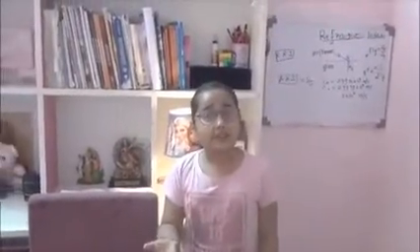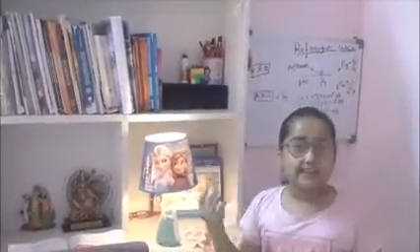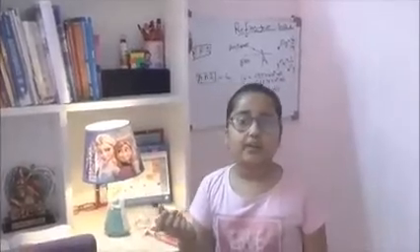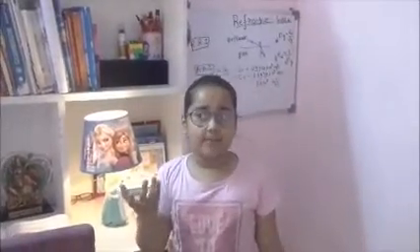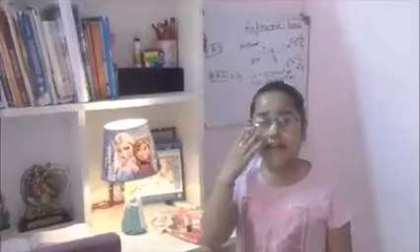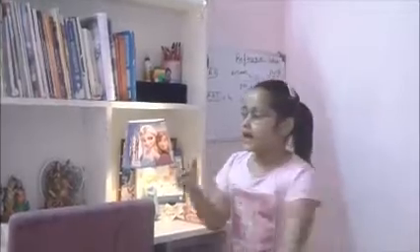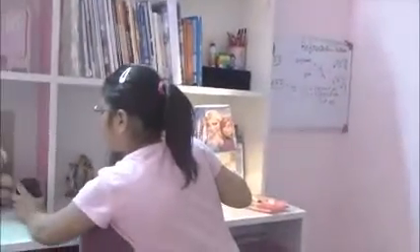So now the question is, why do we need to calculate the refractive index? To make lenses for optical instruments like microscopes, telescopes and DSLR cameras, we must have accurate knowledge about the refractive index of glass, because lenses are made of glass. Like I have this lens with me.